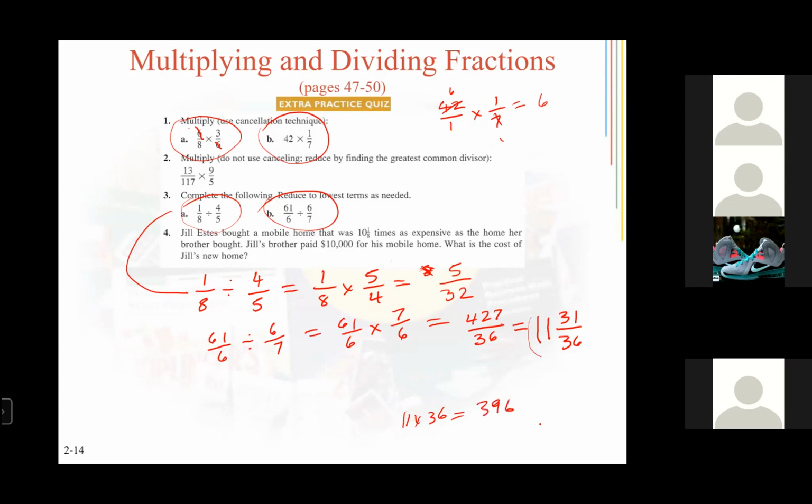But the number we had was 427, so we need to find the remainder. 427 minus 396 is 31. So that's your remainder. It would be 11 and 31 over 36 as a fraction.